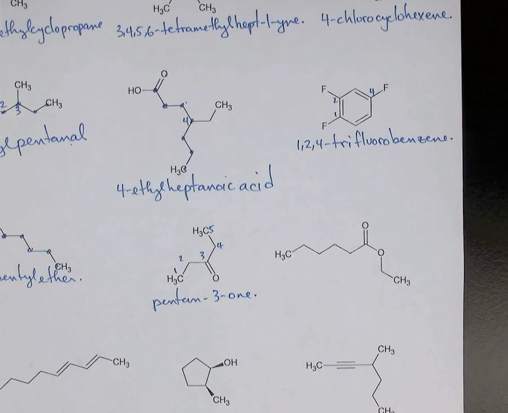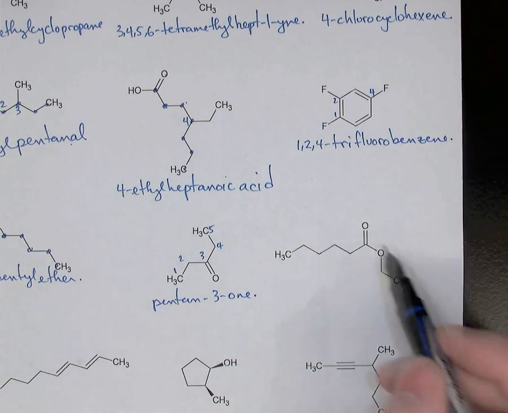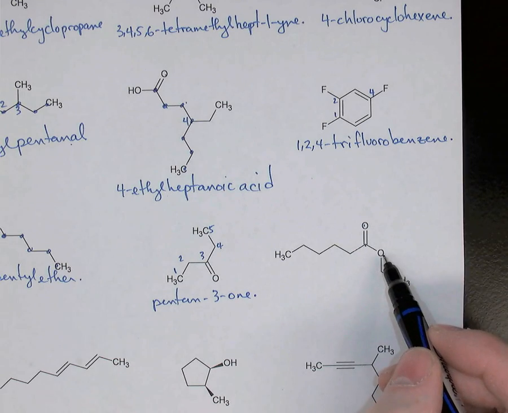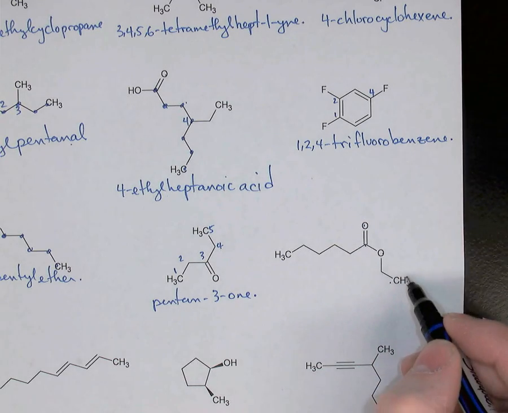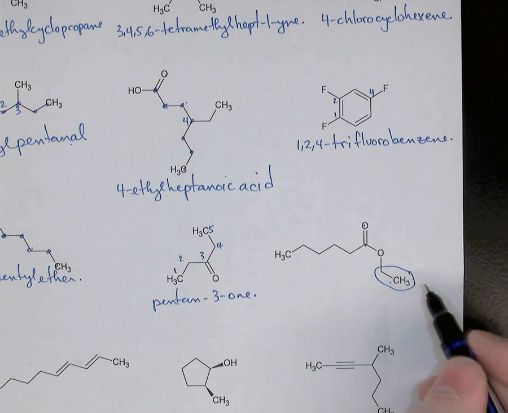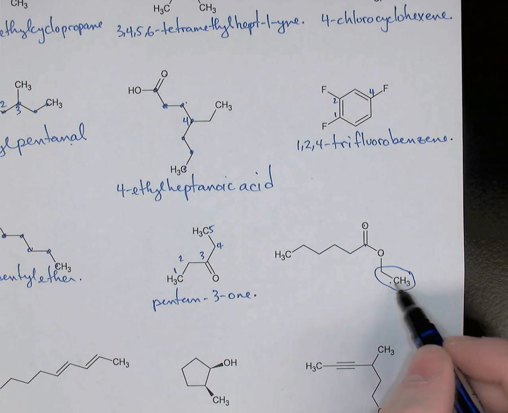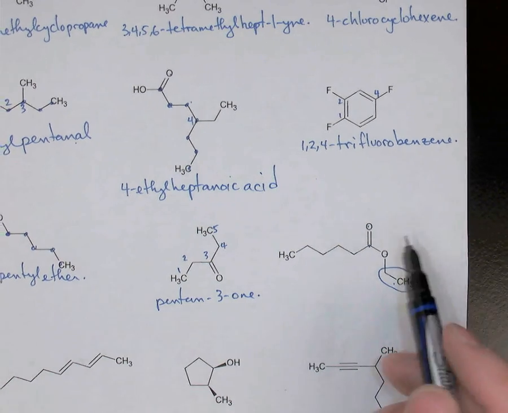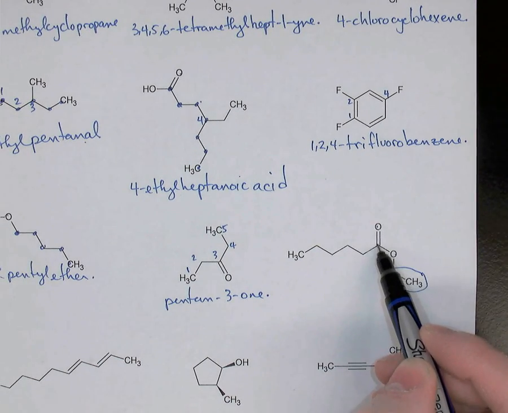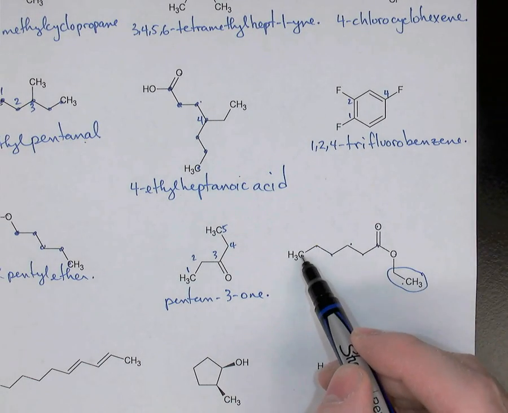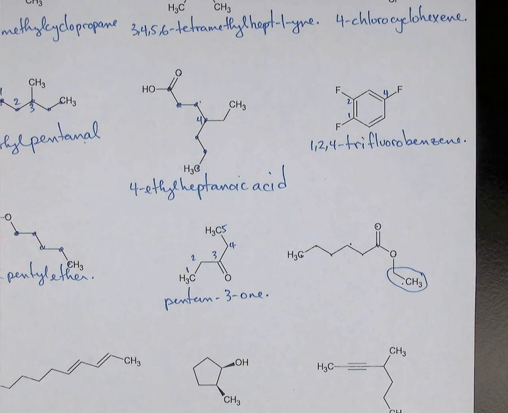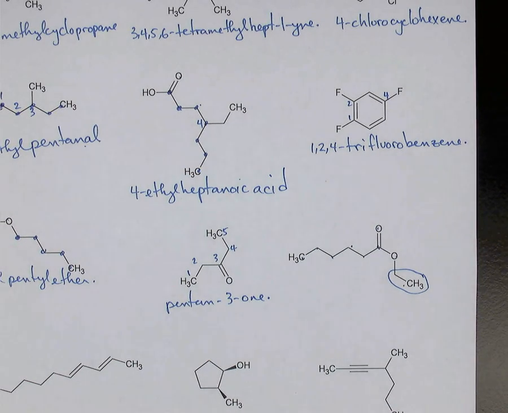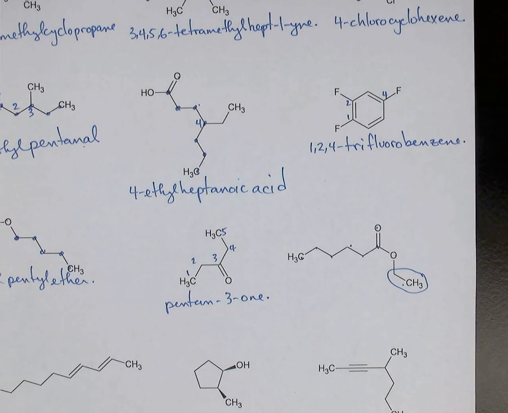Next we have an ester again. C double bond O, OR. The R group attached to the O came from an alcohol, and in this case 2 carbons. The alcohol was ethanol, and the rest of the molecule has 1, 2, 3, 4, 5, 6 carbons, so it was the ethanol molecule reacting with hexanoic acid as a carboxylic acid.